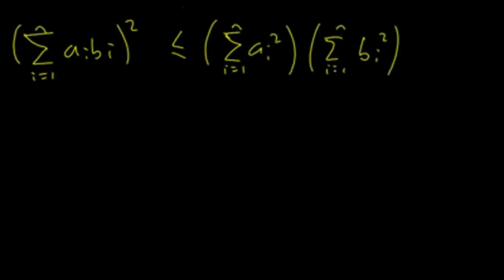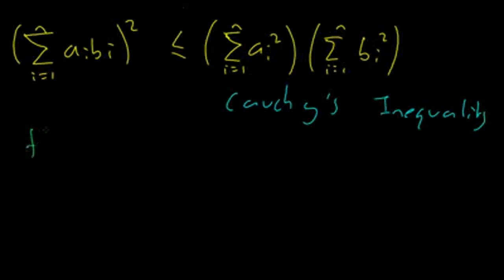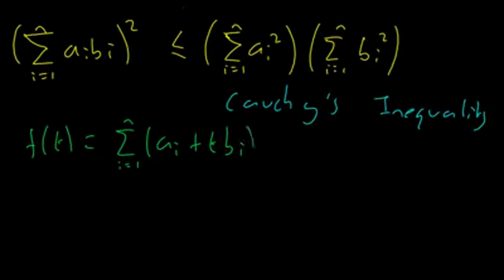And this is called Cauchy's inequality. And the way you prove this is, let's consider the function f of t equal to the sum from i equals 1 to n of (ai plus t bi) squared. So a and b are points in n-dimensional space.